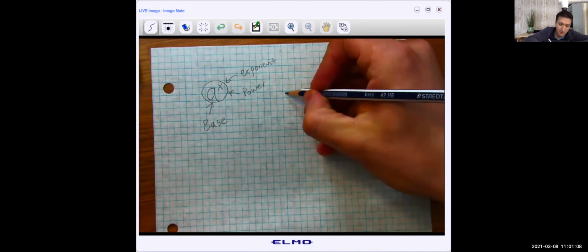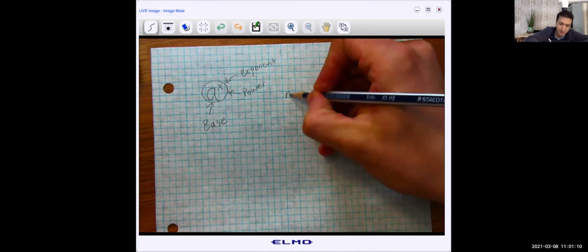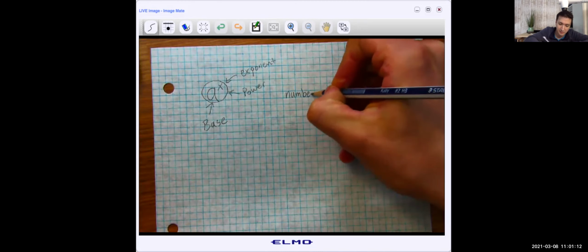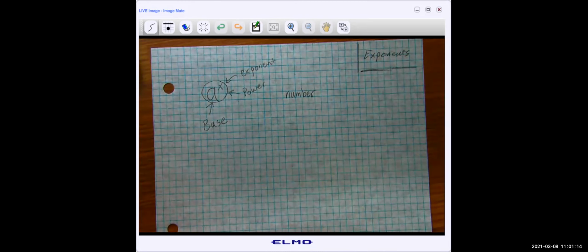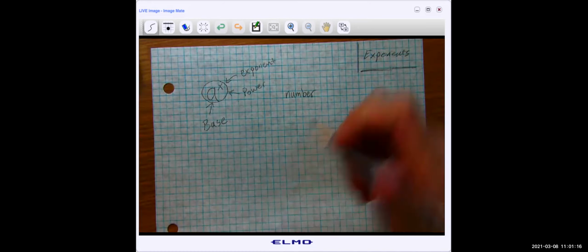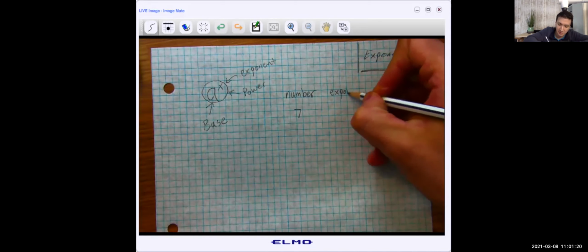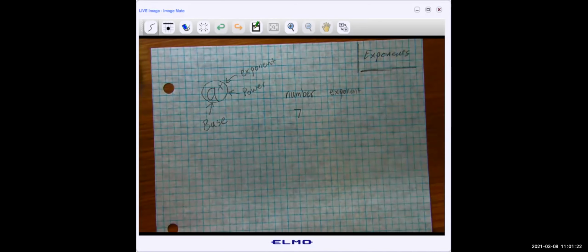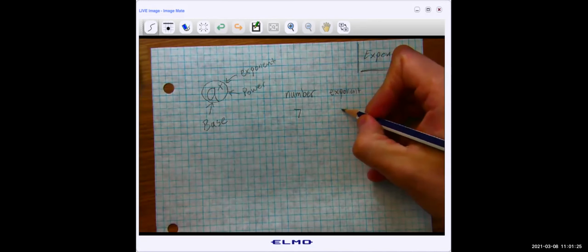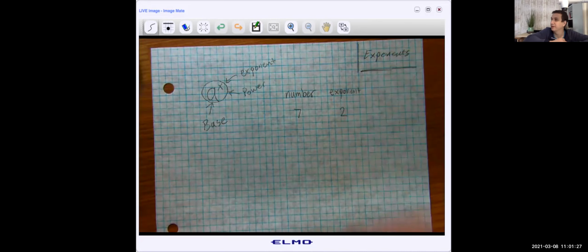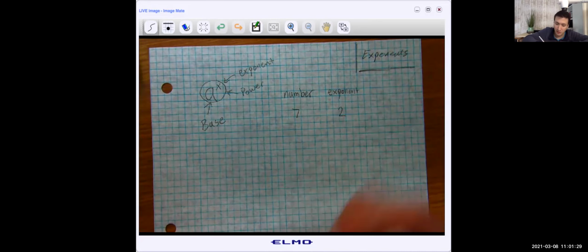All right, so someone give me a number that we can use as a base. 7. Thank you. Someone give me a number we can use as an exponent. 2. So then what would our power be?